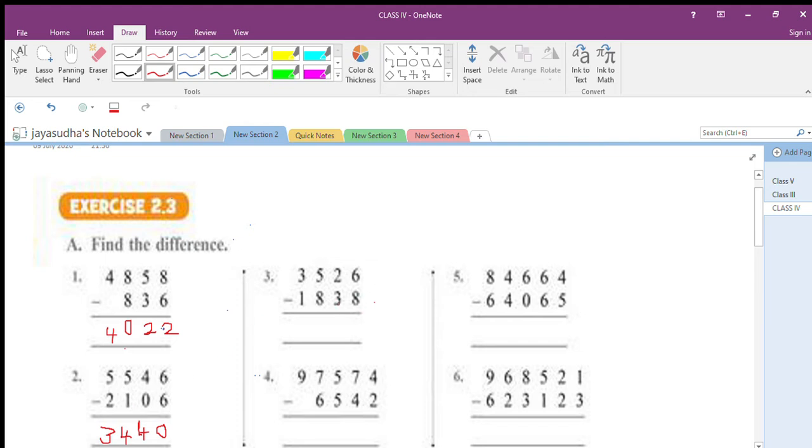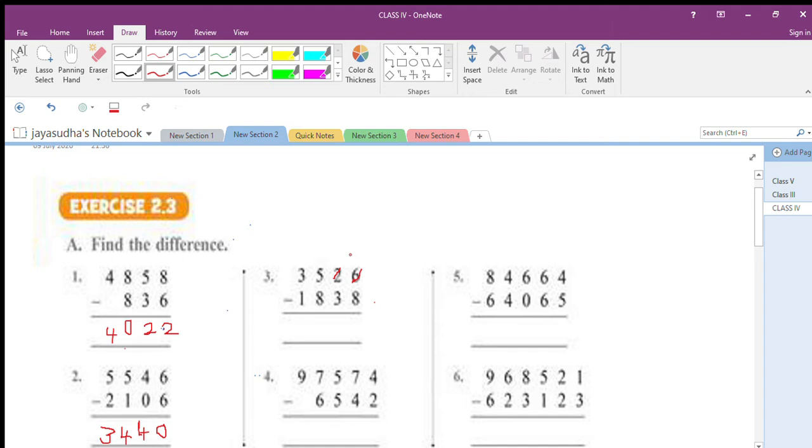Listen, in the third sum, in the first number 6, below 8. So 6 is smaller than 8. So you can't subtract the greater number from the smaller number. So what do you do? You have to borrow from the next column. Here what is here? 2. So you borrow 1. This 6 will be 16.